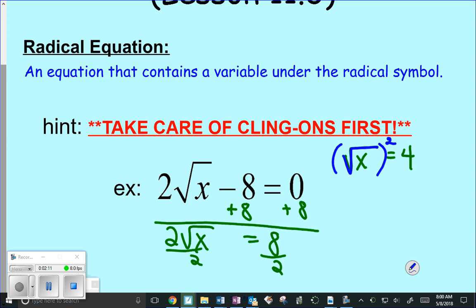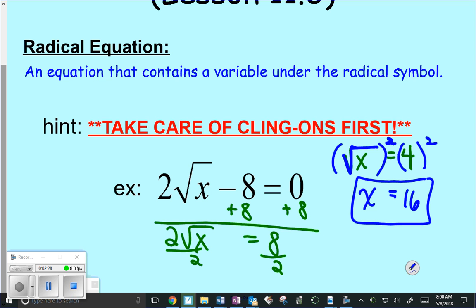Well, if you square one side, you've got to square the other side. So this radical sign and this squared sign cancel each other out, and the x just falls out. And then x is 16, which you already knew, but that's the process we go through. So to undo a radical sign, you raise it to the second power, and it'll undo it. Okay?